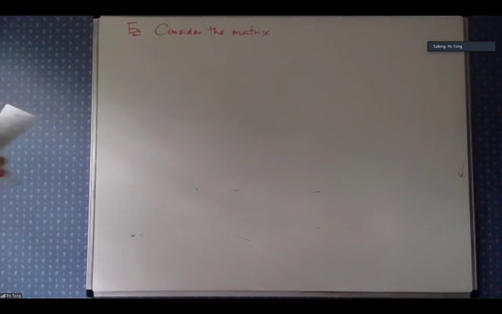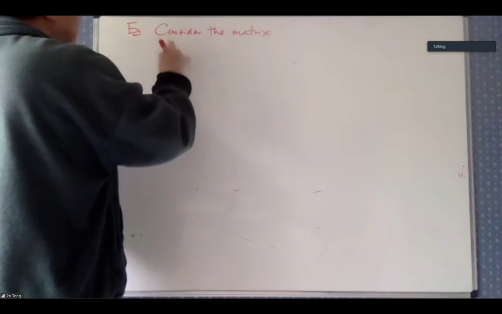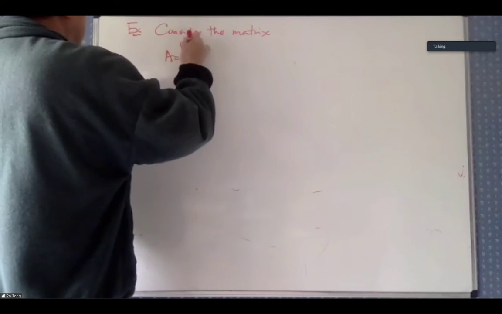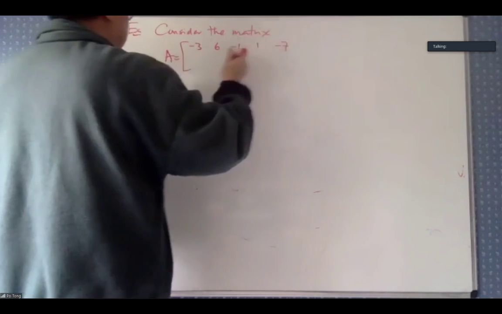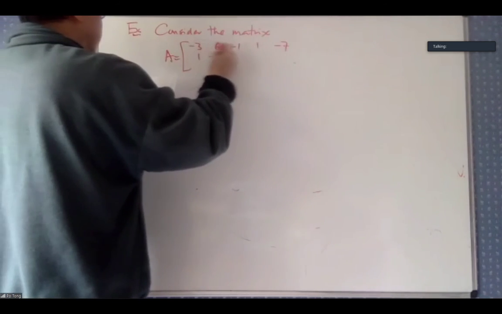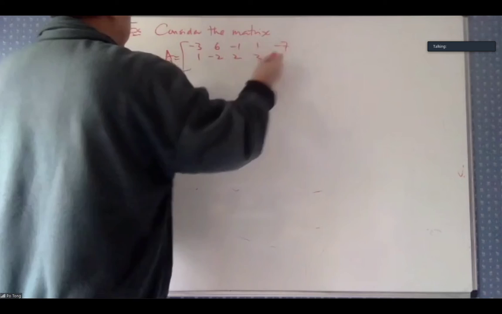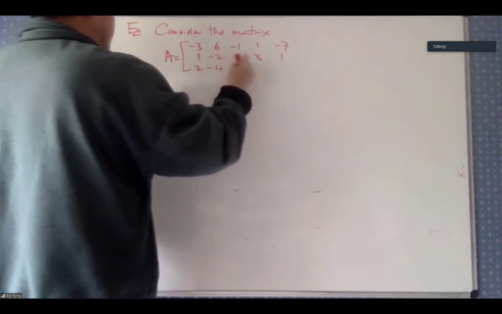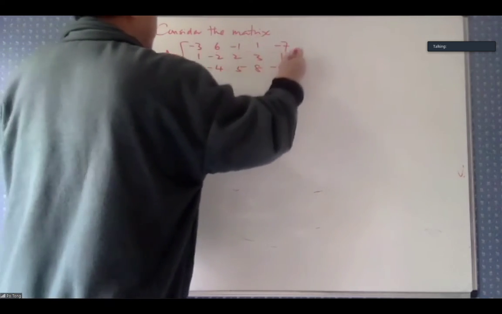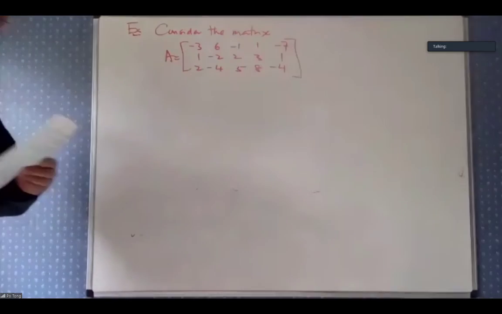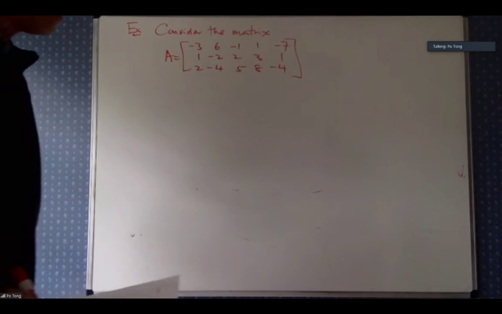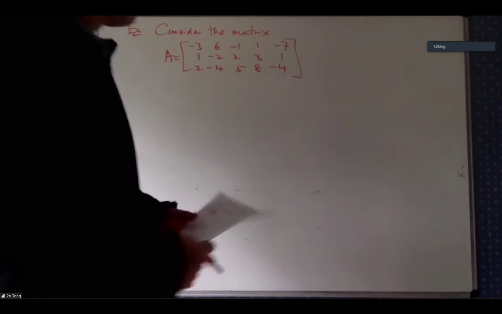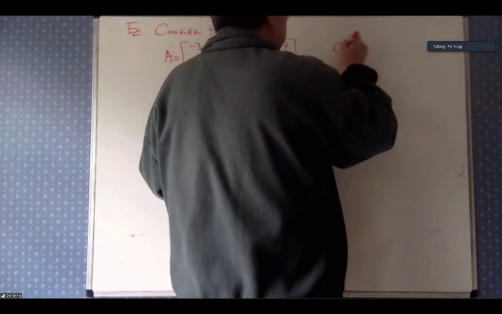Consider this matrix. You remember what column space and null space mean?